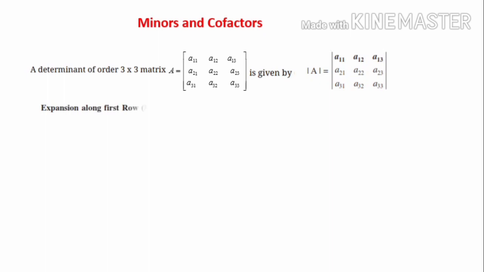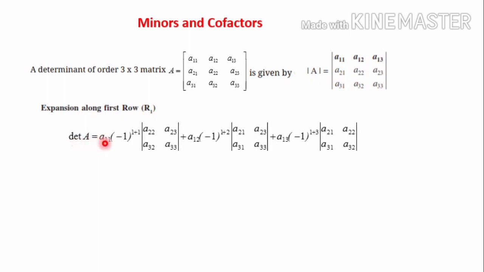Here we know how to expand this determinant along row 1. The expansion is determinant A is equal to A11, the first element of the determinant, into minus 1 the whole power 1 plus 1.